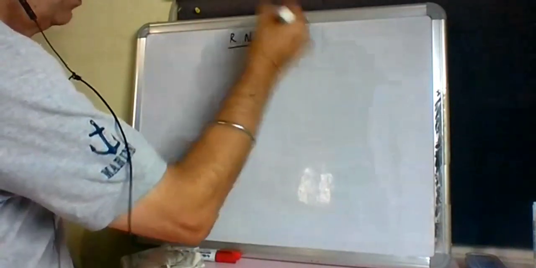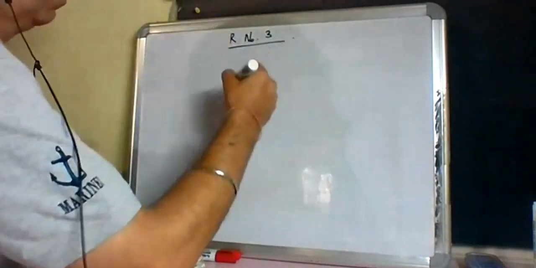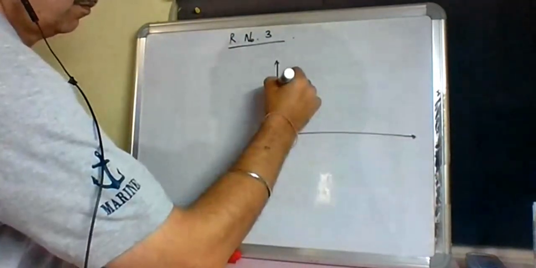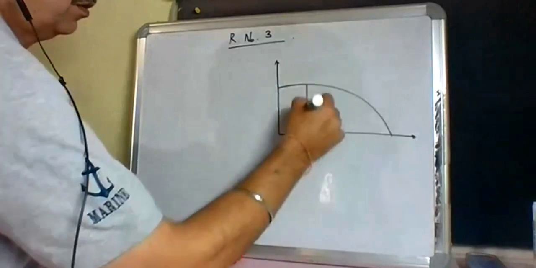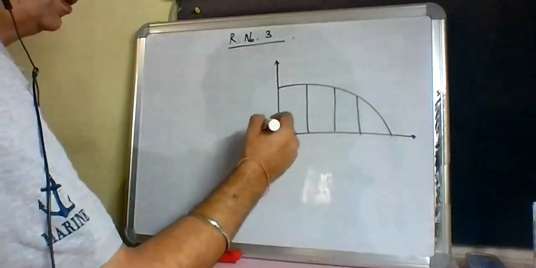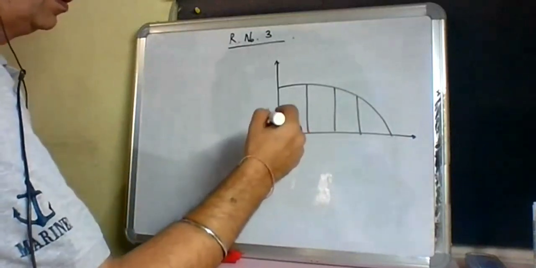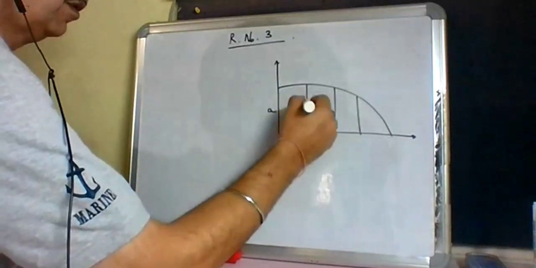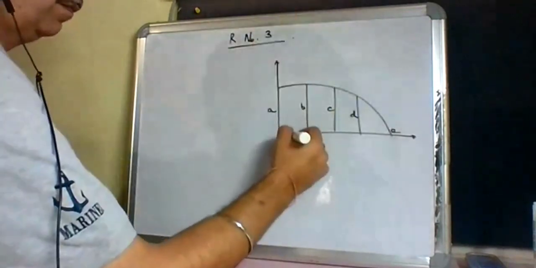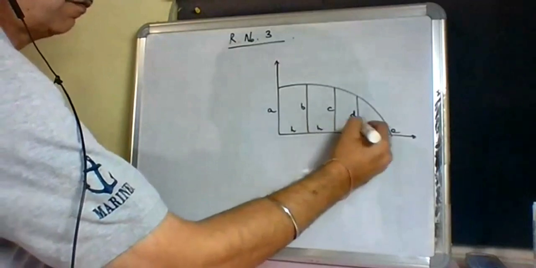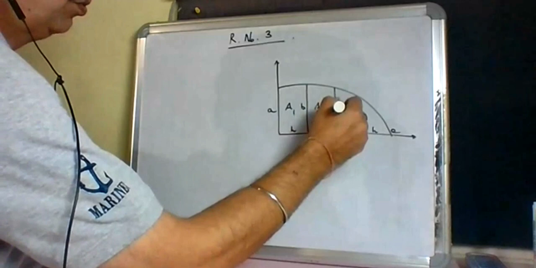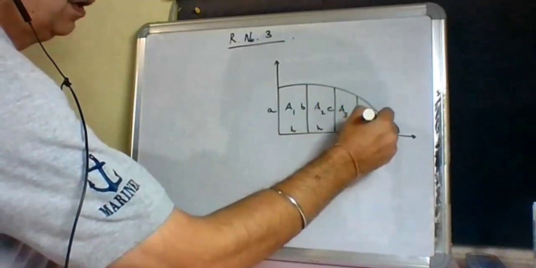Rule number 3. So rule number 3: A, B, C, D, E. This is H. This is A1, A2, A3, A4.